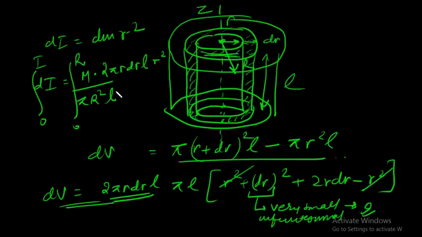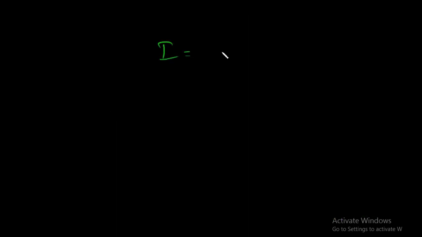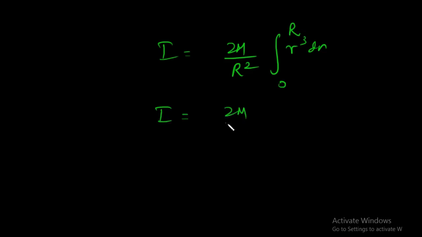Now L gets cancelled out, pi gets cancelled out. I would be equal to 2M by R square times r cube dr, and this will go from 0 to R. So I would be equal to 2M by R square, integration of r cube dr from 0 to R, so I would be equal to 2M by R square times R to the 4 by 4.